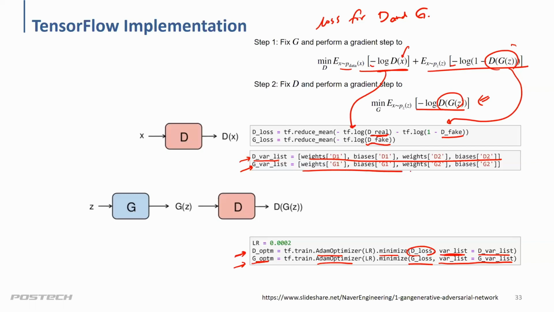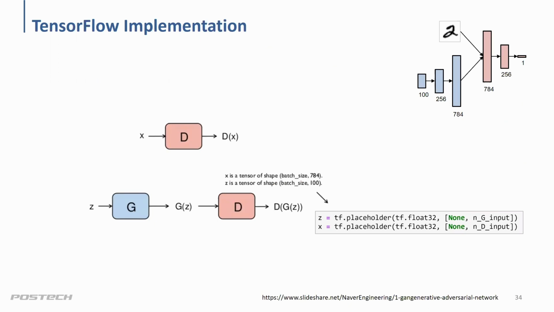So when you do optimization on the discriminator, I'm going to fix the values for the generator. On the other hand, when you optimize the generator, I'm going to keep all the decision variables, or TF variables, related to the discriminator fixed. That's the idea.